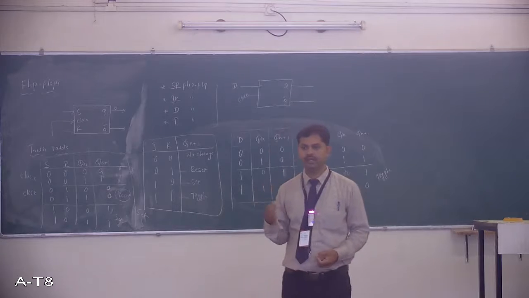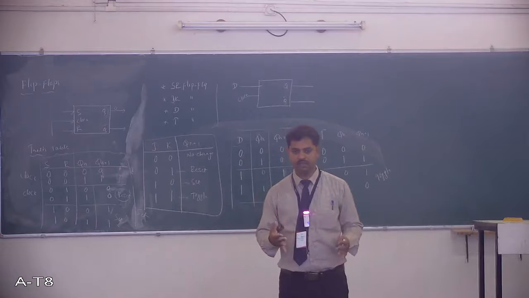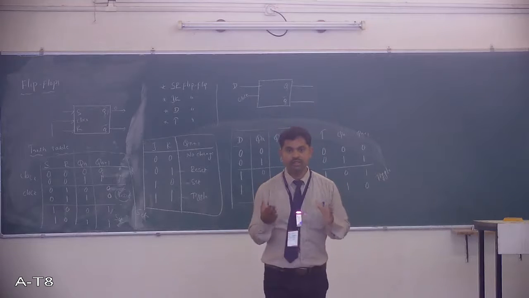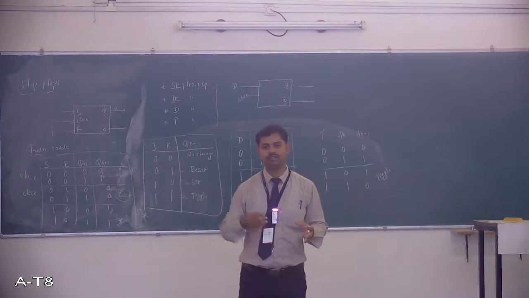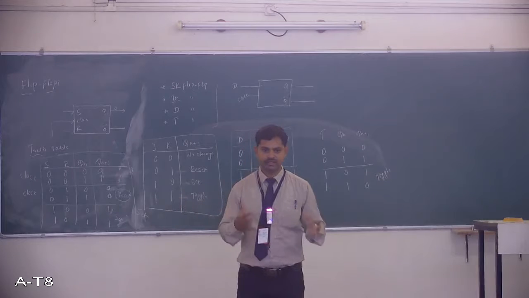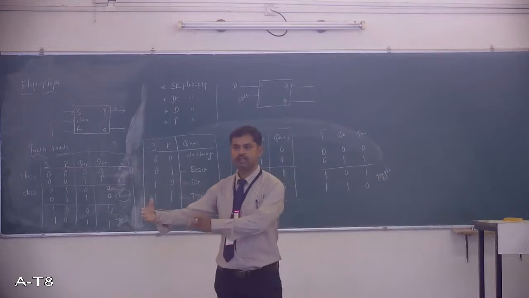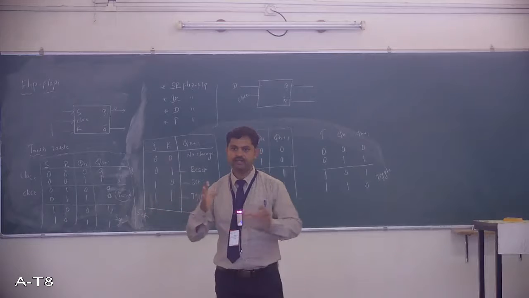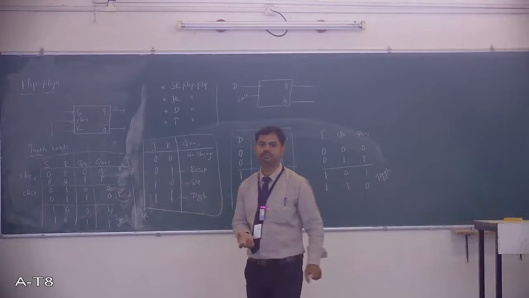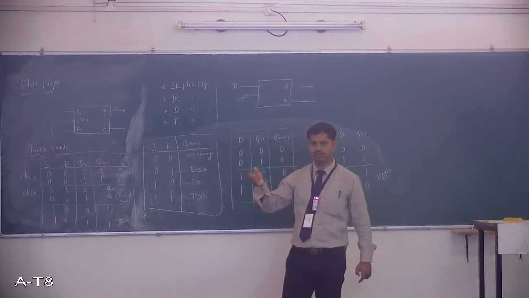It is basically based on the present state and next state. If presently, before applying input, output is 0, after applying also it maintains the same. If presently output is 1, after applying input and trigger also, the same thing is maintained. That's no change. There is no change in the output.